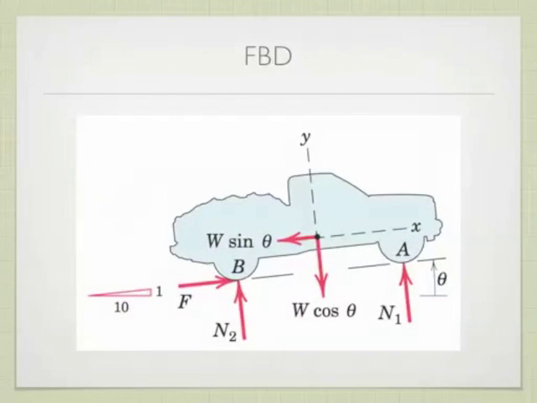Then, to solve a problem like this, the free body diagram is the most helpful tool. We analyze the forces applied on the truck. There are 5 forces: one normal force applied on point A and a normal force applied on point B. Also, there is a friction force on point B. Otherwise, the gravity force of the truck is divided into two forces, W times sine theta and W times cosine theta.